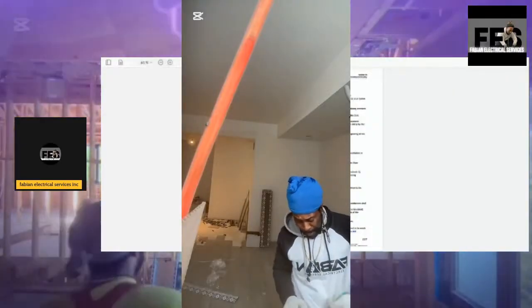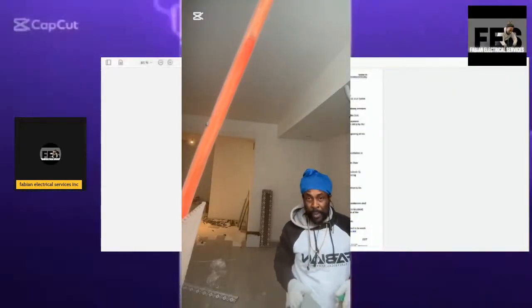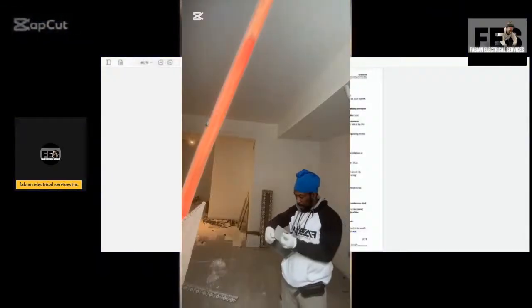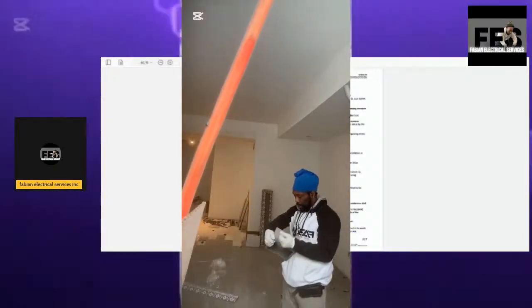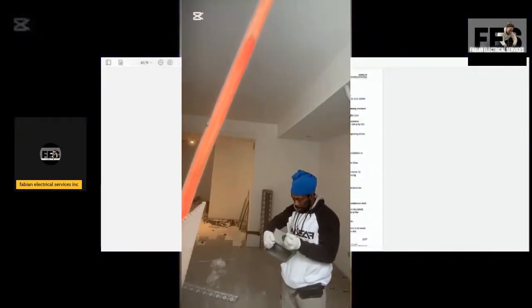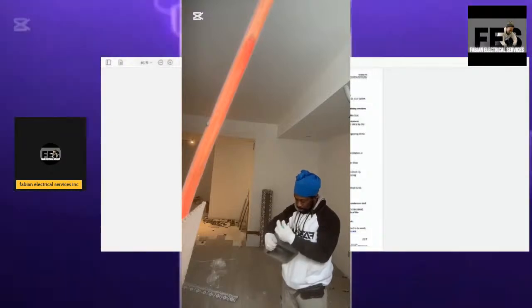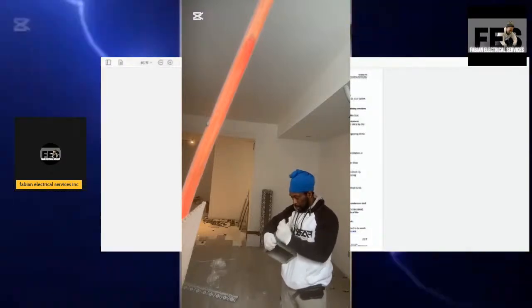I'm going to be using my file to file down the holes once the hole is cut. Normally we will use a hole saw to make the hole, but for some reason I didn't have the hole saw, so I had to use my tin snips in order to get the hole cut.